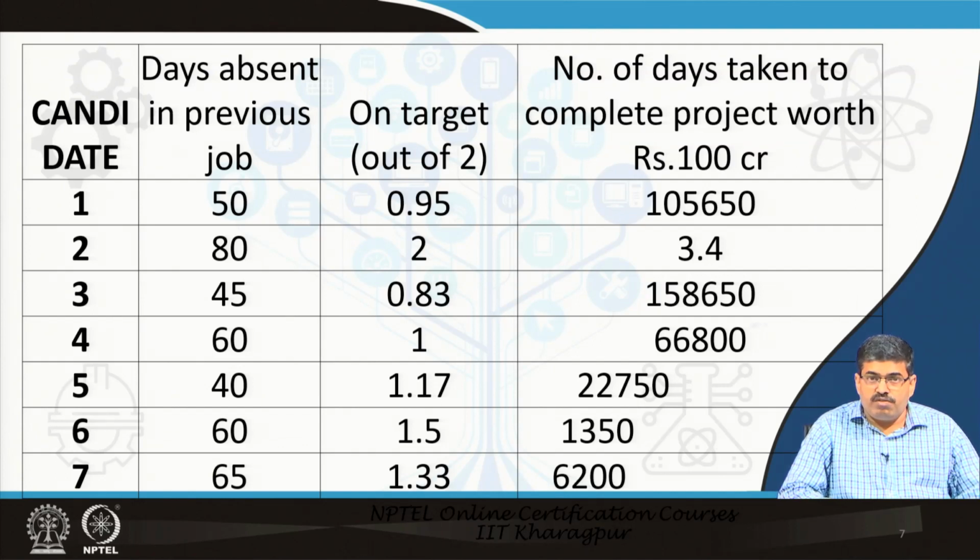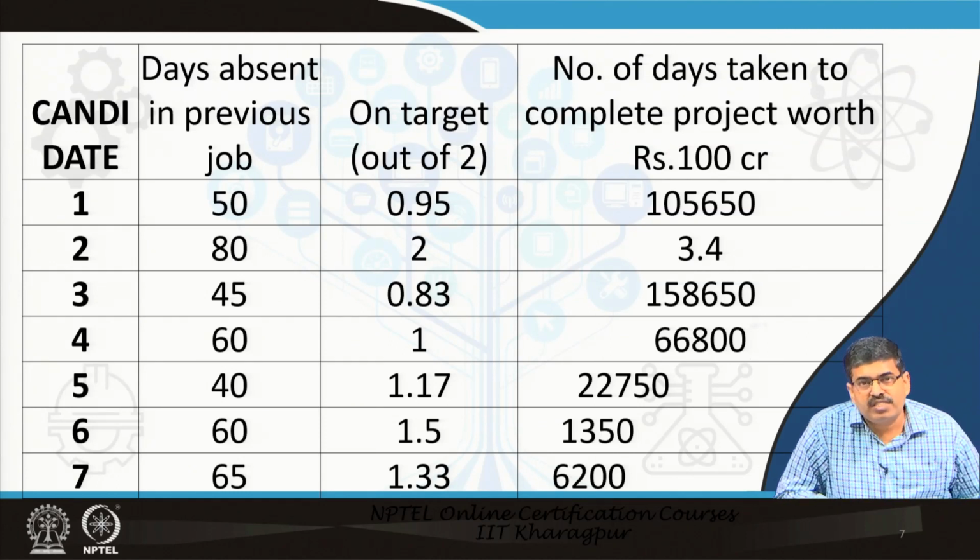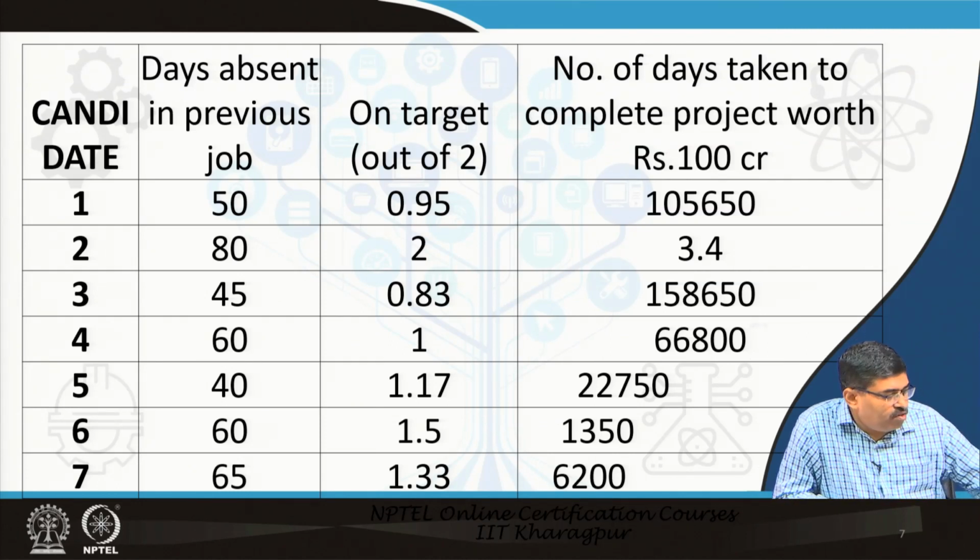Minimization. You want to minimize the number of days taken to complete. So, days absent in previous job, minimize; on target, maximize; and number of days taken to complete projects, minimize. So, you see 3 conflicting objectives, min, max and min. So, how to proceed?